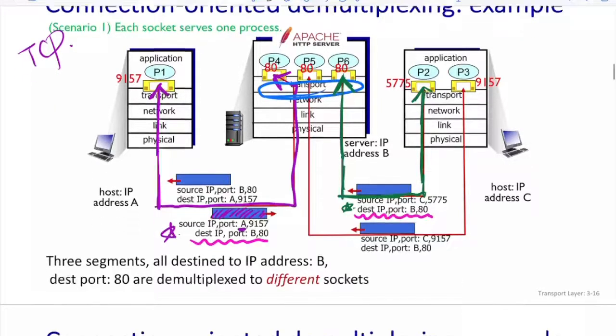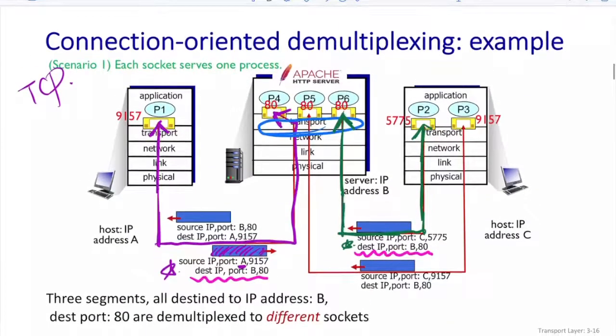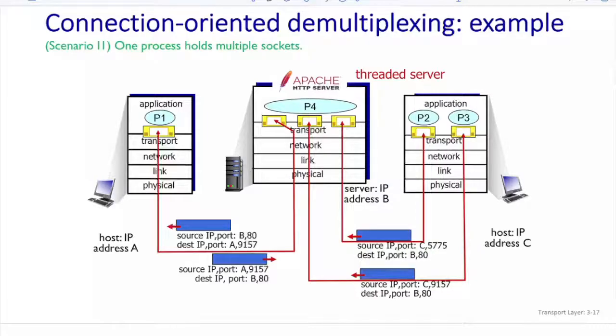But I would like to share something with you: in modern programming languages, even if we have 3 different processes, P4, 5, and 6, that want to communicate with different processes P1, P2, and P3, usually when we write a server, we simply use one single process and make it a thread server.